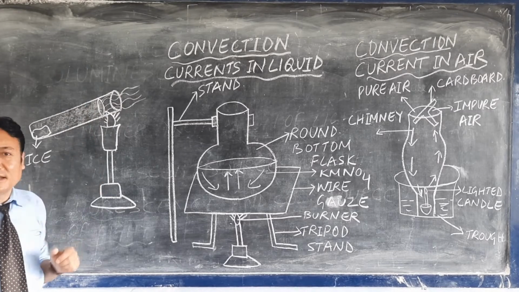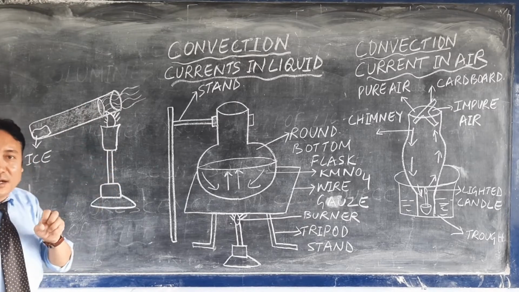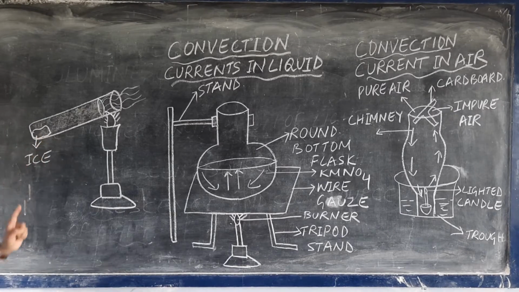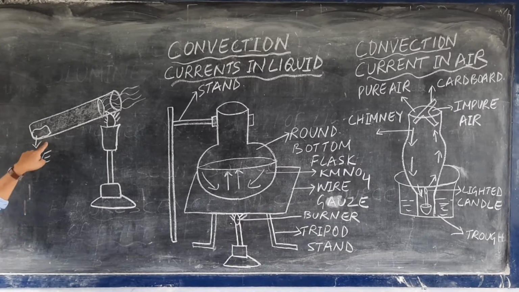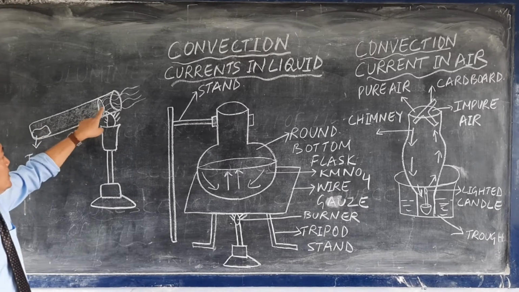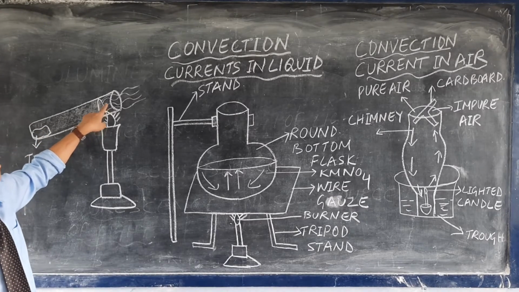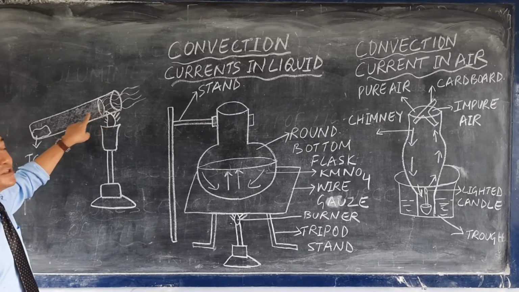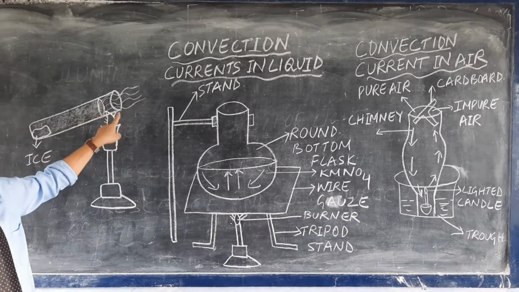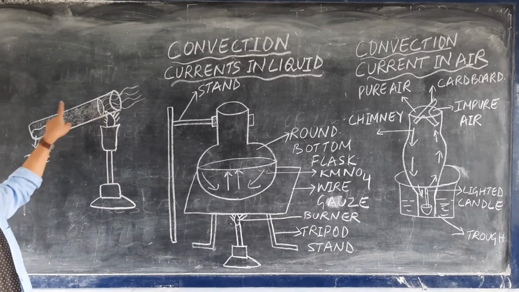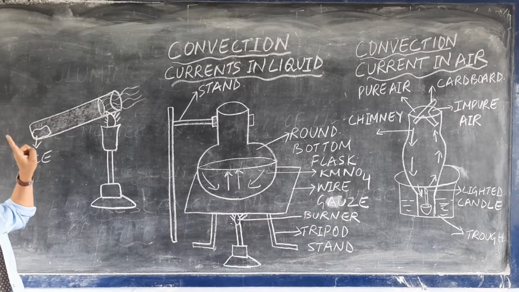The water gets heated, but the ice will not melt at the bottom of the test tube. Though the water gets heated in the upper portion of the test tube, the heat is not being transferred from the upper portion of the heated water towards the lower portion of the cold water.